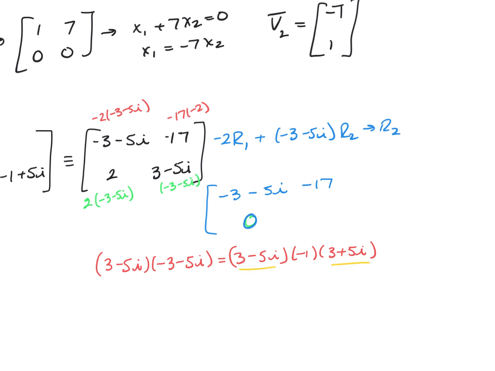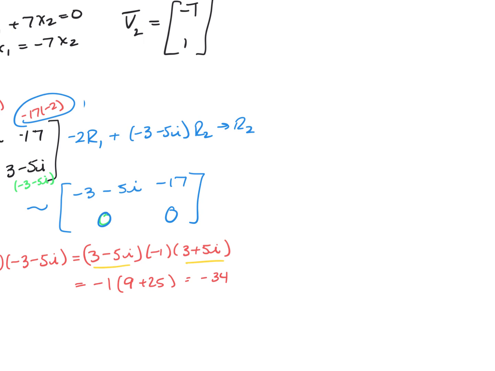So what I really have is negative 1 multiplied by the conjugate. Well, the conjugate is going to be 9 plus 25, so this is going to give me negative 34. Now up here, this is a positive 34, so that's also going to give me 0. So these are row reduced echelon form equivalent.